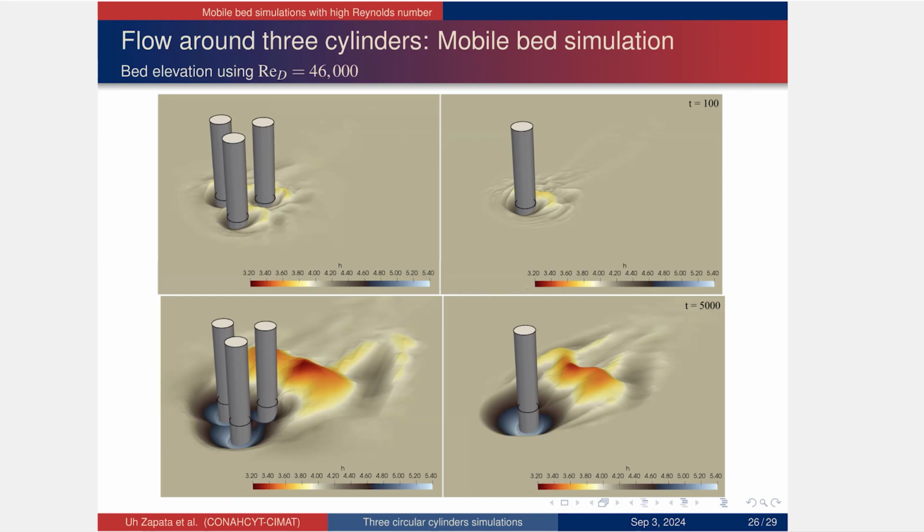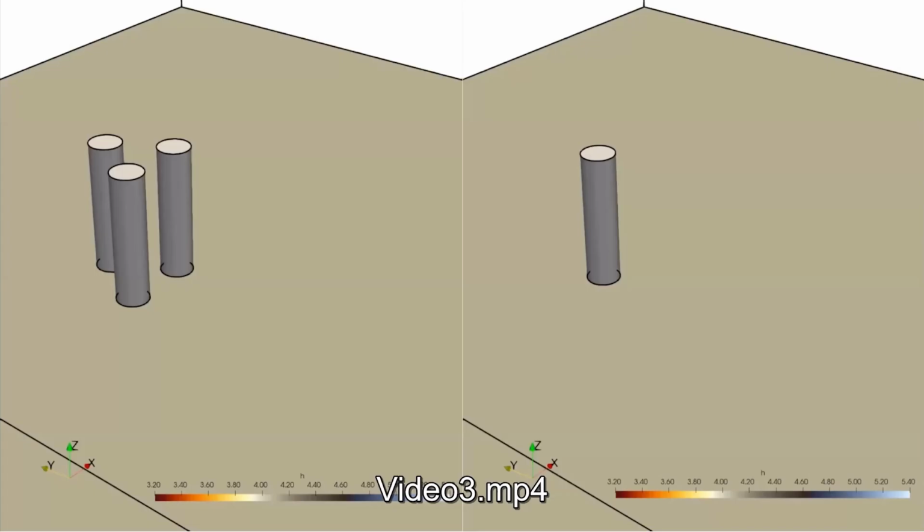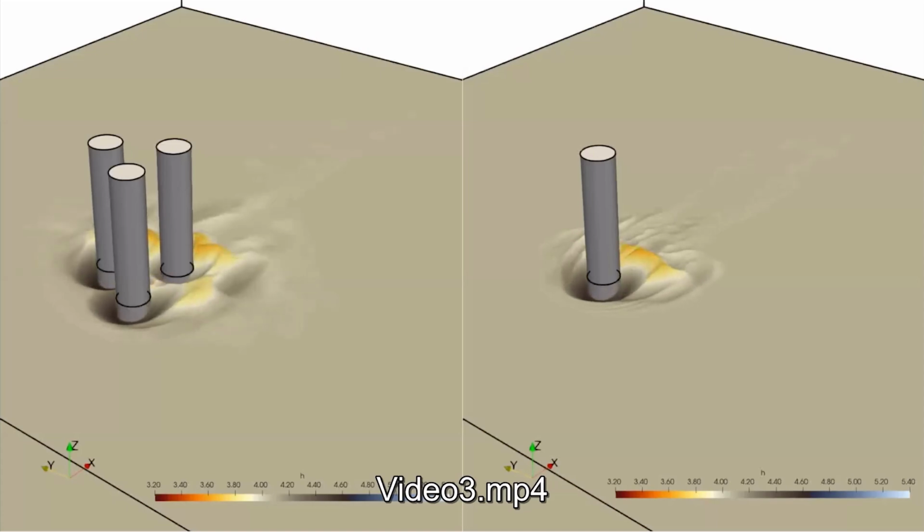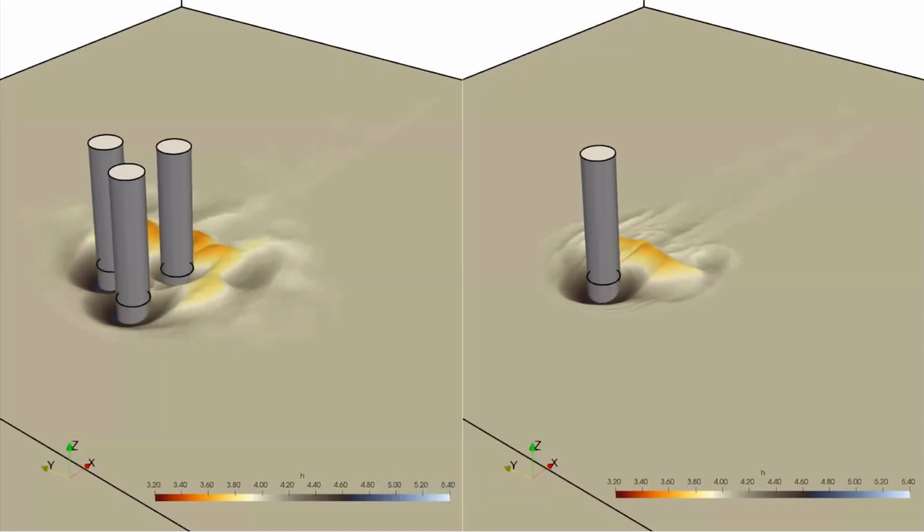And meanwhile, the low Reynolds number case only needs a small number of layers. With 20 layers, you have it. In this one, you need more than 100, at least, to get the horseshoe vortex that is happening around this structure. We can play the last video that I have here. This is what is happening. So this is the point we have reached.